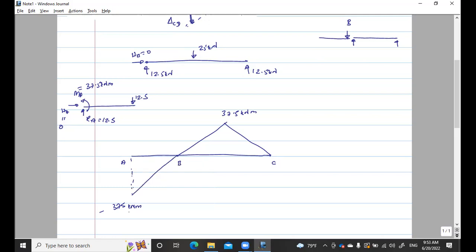Again what I would like to stress is that this curve, this slope is the same, although it looks a little broken, it's on the same slope. So this is the bending moment diagram.